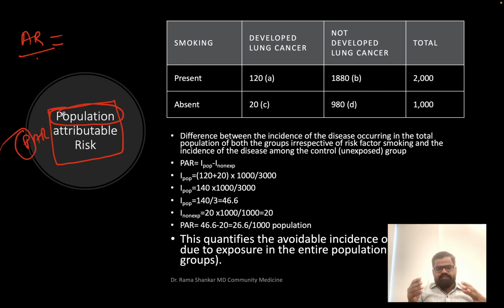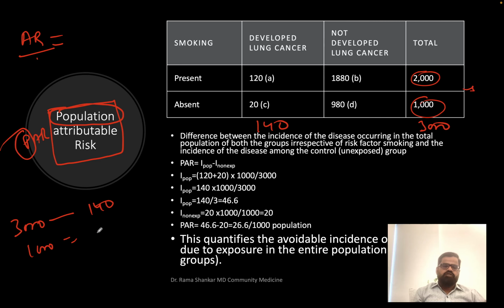So for that, let's try the same example. Let's try to calculate. If I ask you, what is the incidence in population? Population, I am saying 2,000, 1,000, so it is 3,000. Total disease lung cancer is 140. So again the same thing, in 3,000, 140, how many in 1,000? So this is my incidence in population.